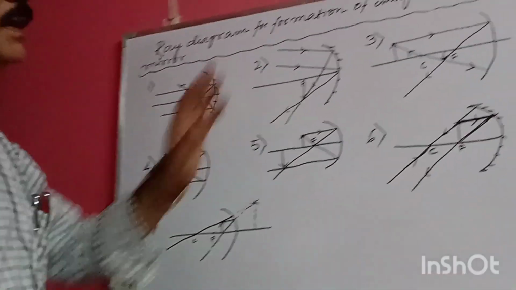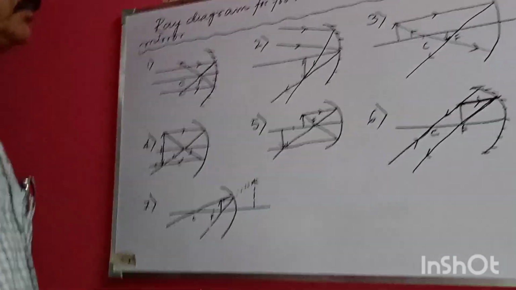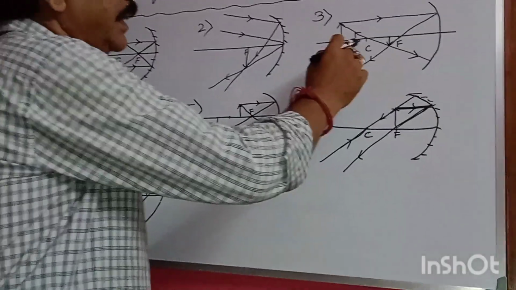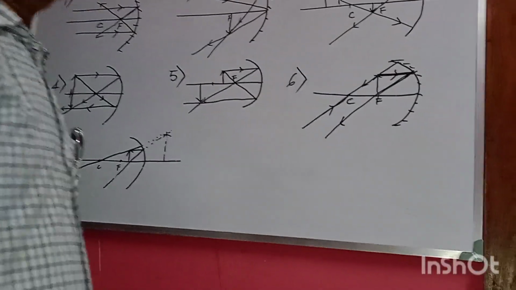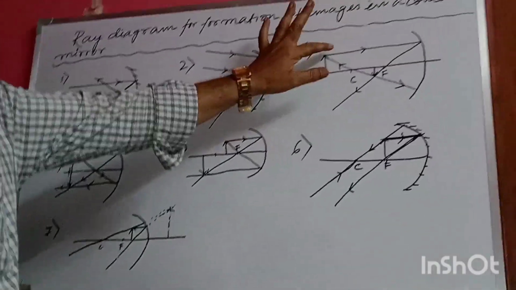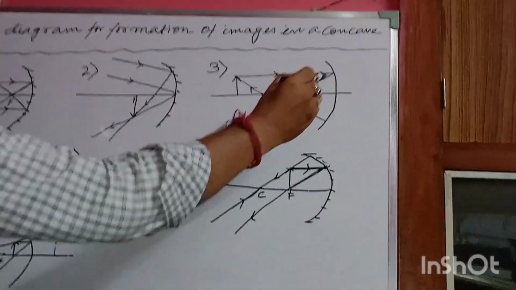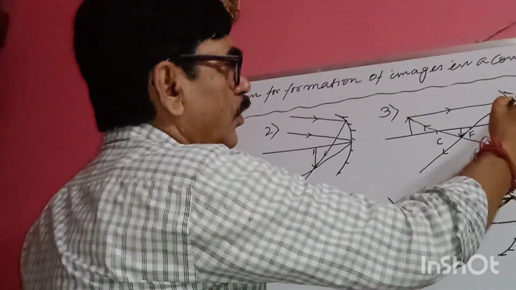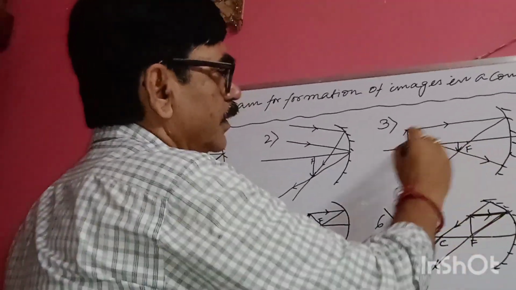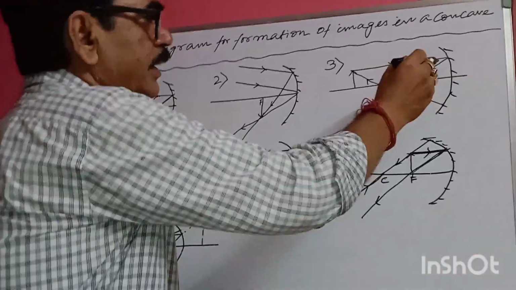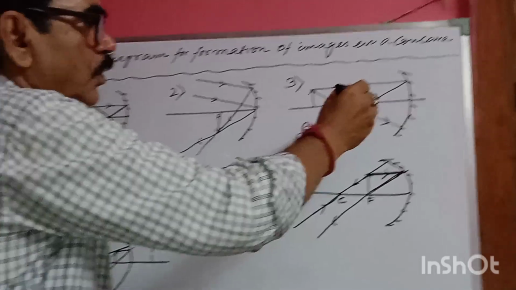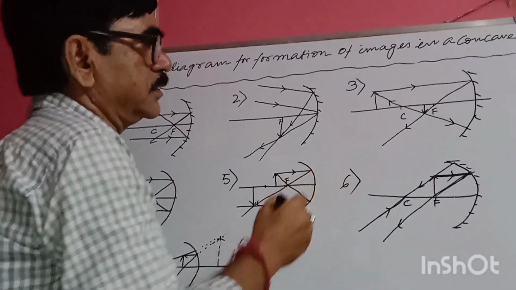In the third diagram, you see the object is beyond C. Light rays are going this way onto the concave mirror, and it must pass through the focus.